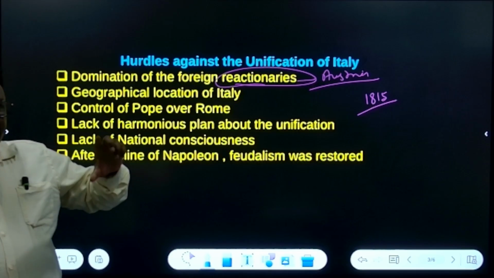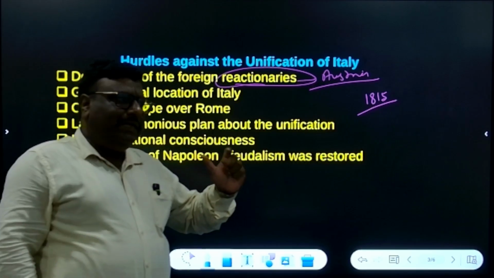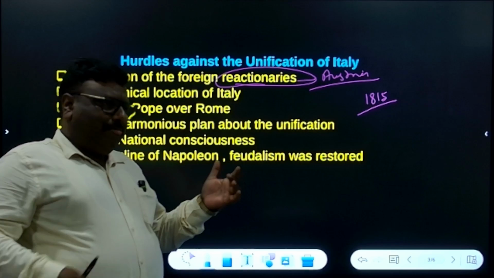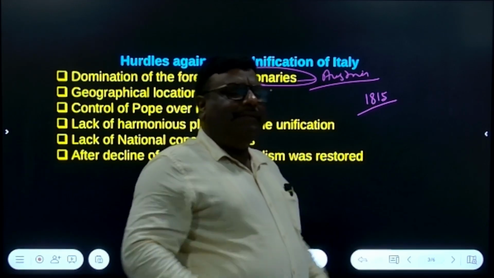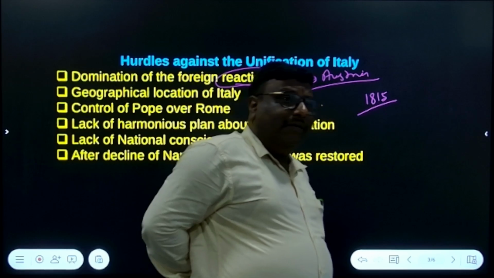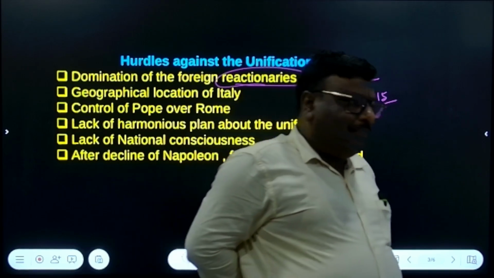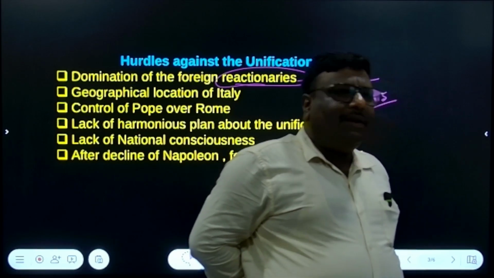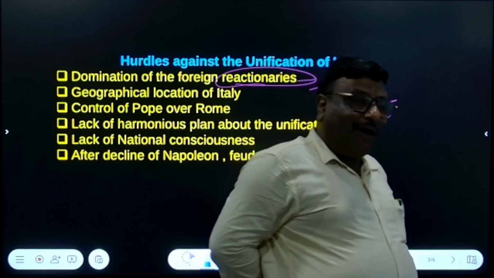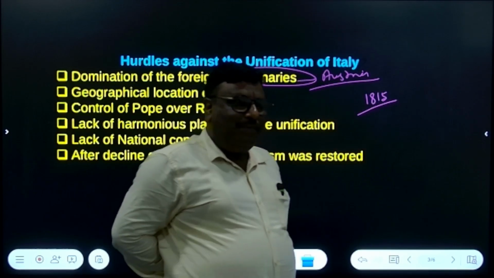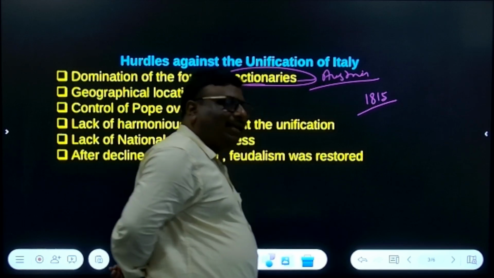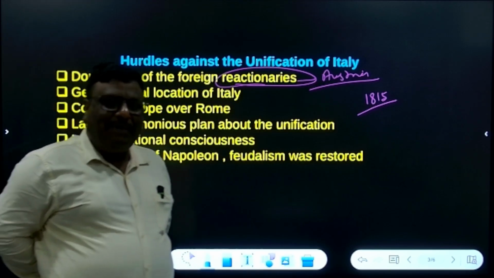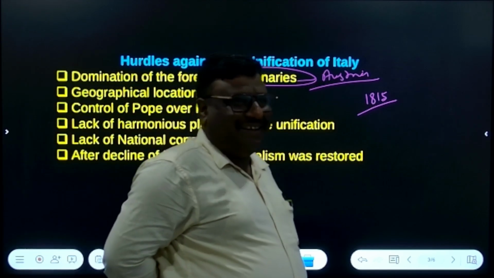The Bourbon dynasty had sympathy or attachment with Austria because the in-laws were living in Austria. The wife of Louis, Marie Antoinette, was from Austria. So indirectly, Naples and Sicily were also controlled by Austria.